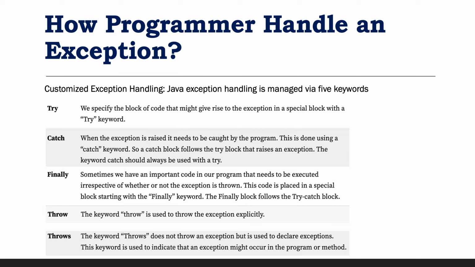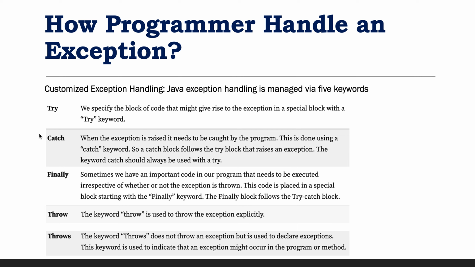Similar to throw, there is another keyword called throws. The keyword throws does not throw an exception but is used to declare the exception. It is used to indicate that an exception might occur in the program or the method. We will see the uses of the throws keyword and its advantages also.